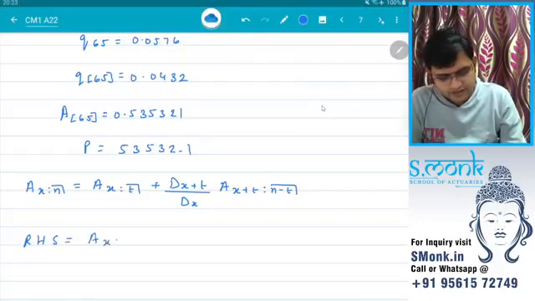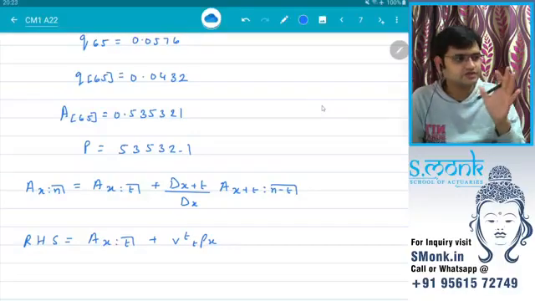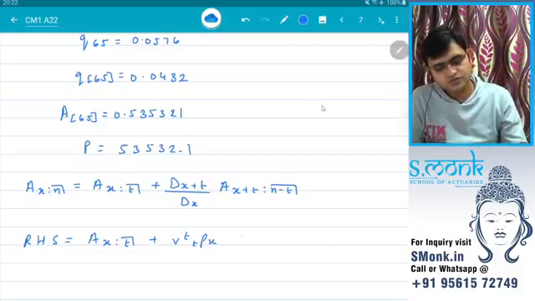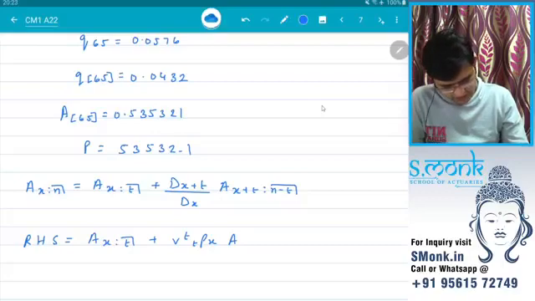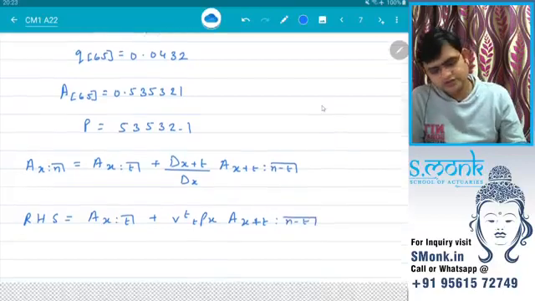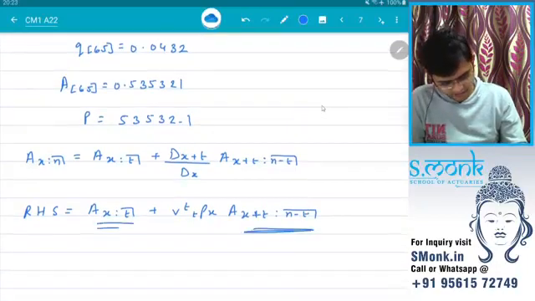We have AX T plus this D. Instead of D I'll write V raised to T TPX, because for us visually V raised to T TPX is easier to understand. And then A. For this endowment, first I'll just write this X plus T n minus T. What I'll do is separate both of these endowments out.